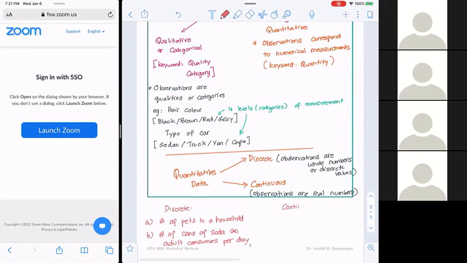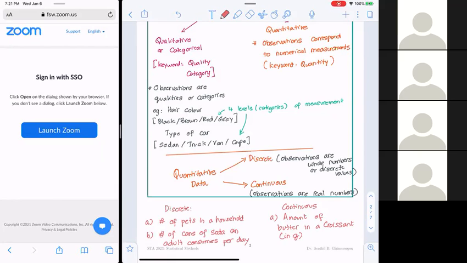Continuous, on the other hand, I could have the amount of butter in a croissant in grams.